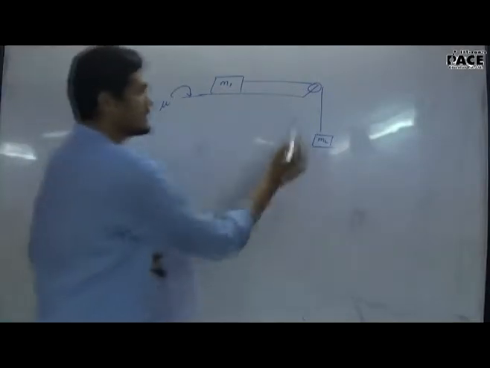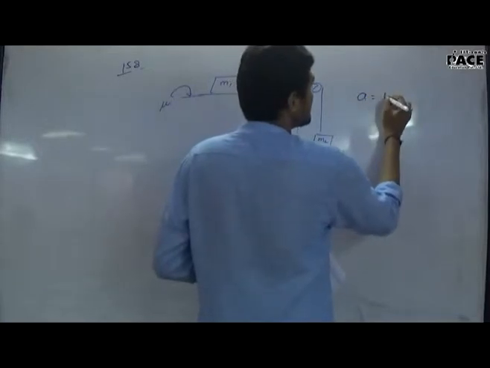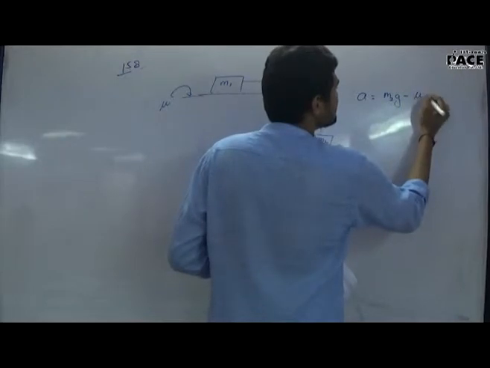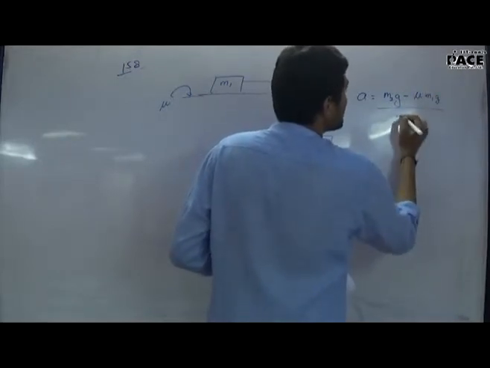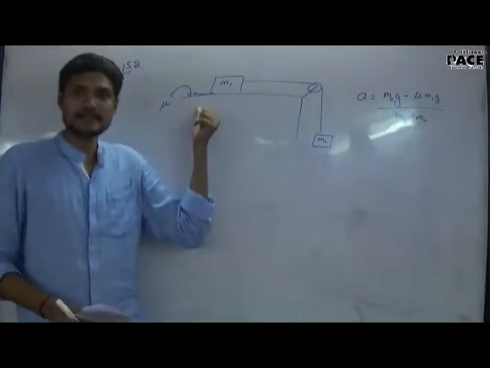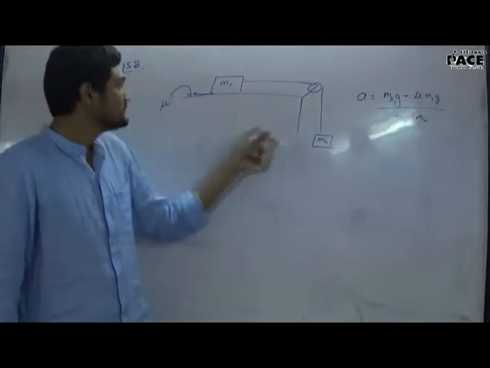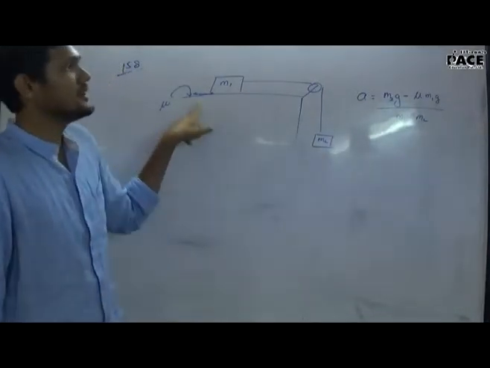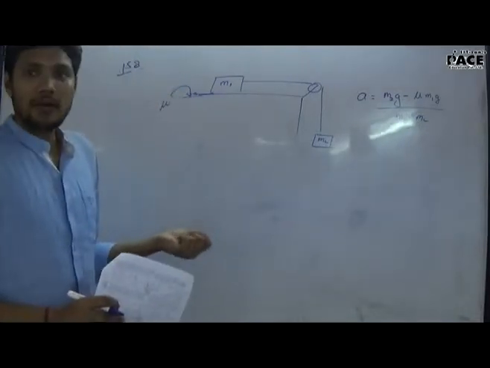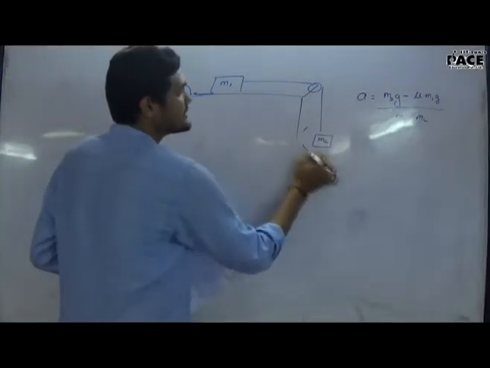Okay, if both the blocks start moving, then the acceleration should be equal to m2g minus mu m1g upon m1 plus m2. Because the friction is in the backward direction, it is decelerating the system, that means it is a decelerator. M2g is accelerating the system, it is an accelerator. So m2g minus mu m1g upon m1 plus m2, the total mass of the system, will be equal to the acceleration of this block.